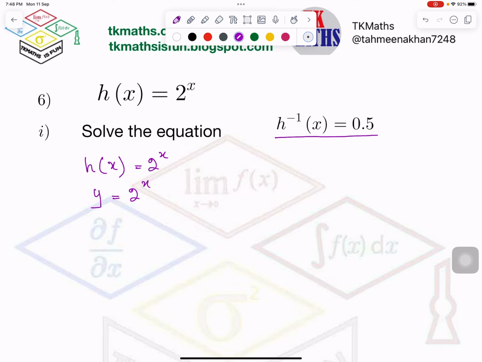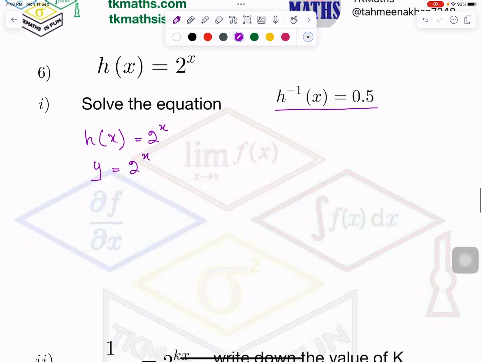You must know the very basic concept of function and inverse function. If, for example, my function has value a, then its inverse function can have that output which will give me the same input. This is the relation between them.